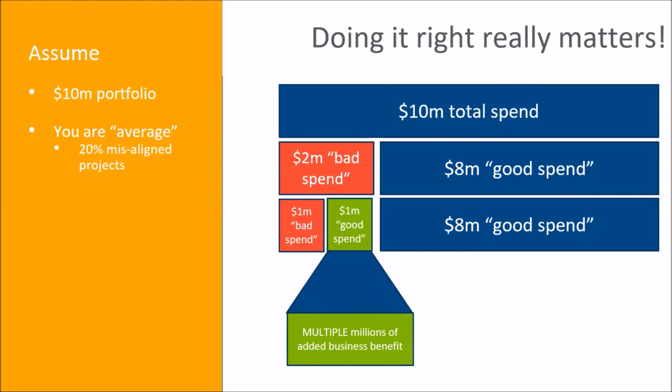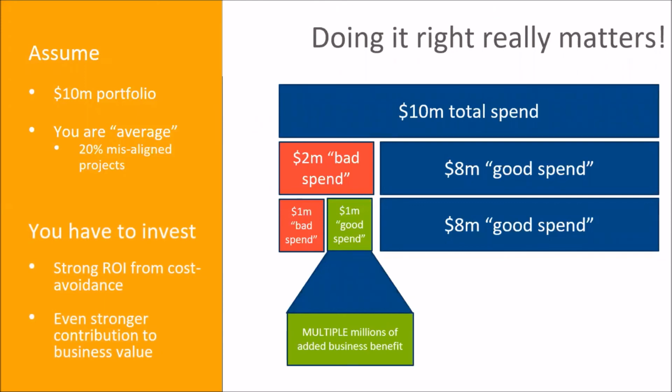And what's really key here is that putting in place proper project prioritization isn't free. A spreadsheet is free, but it does cost time and money and a little bit of effort to do the job properly. But you're going to get many more times the value back than you put in.